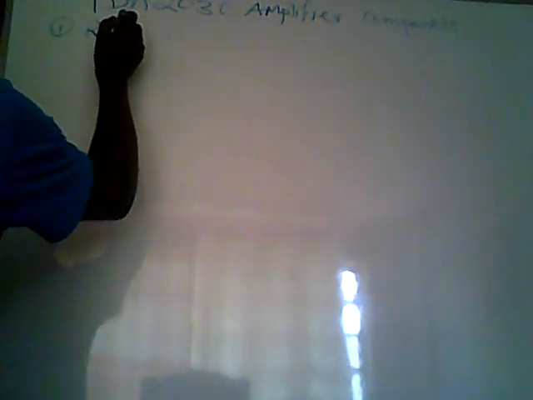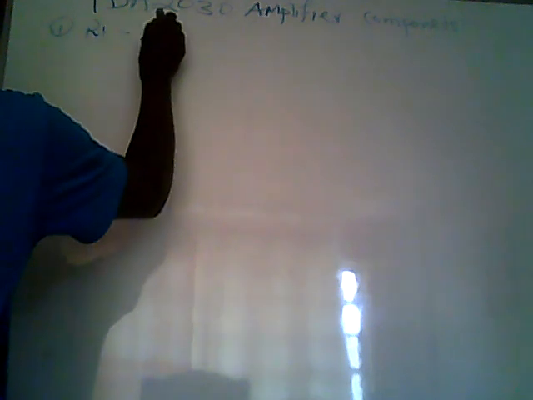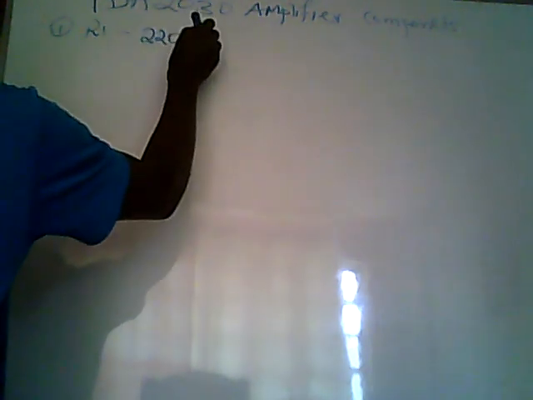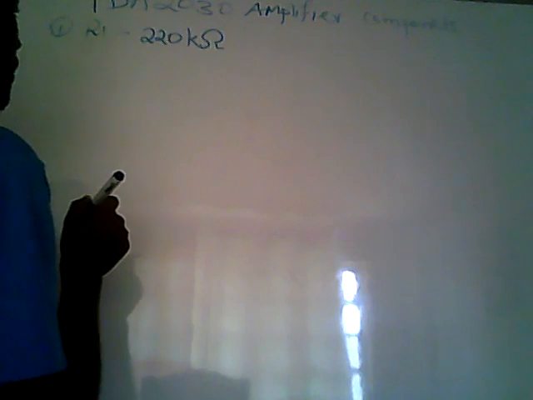Number 1 is resistor number 1, we shall have 220 kilo ohm. So 220 kilo ohm, it has what?